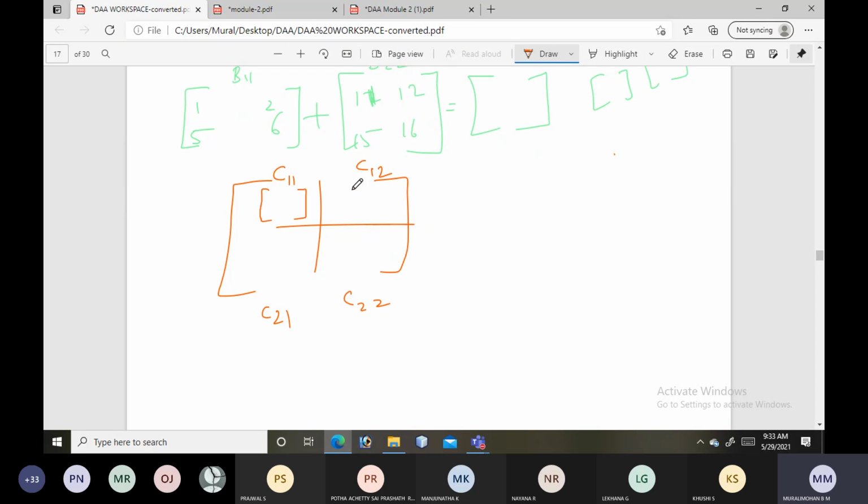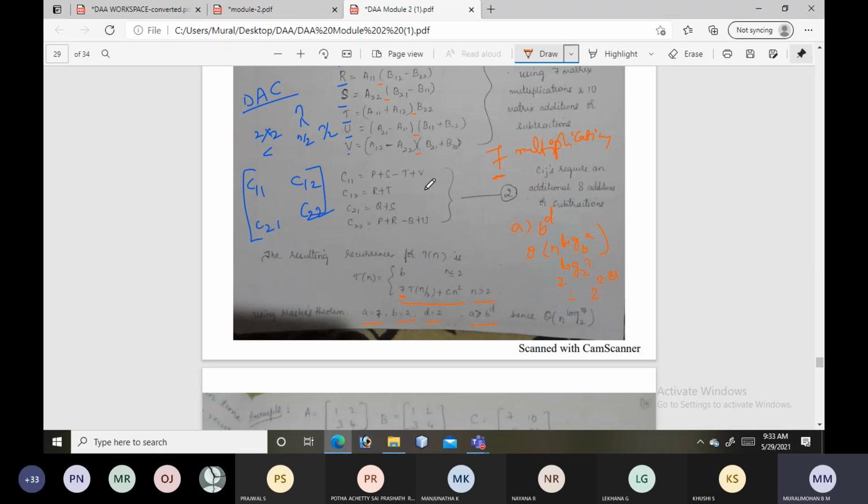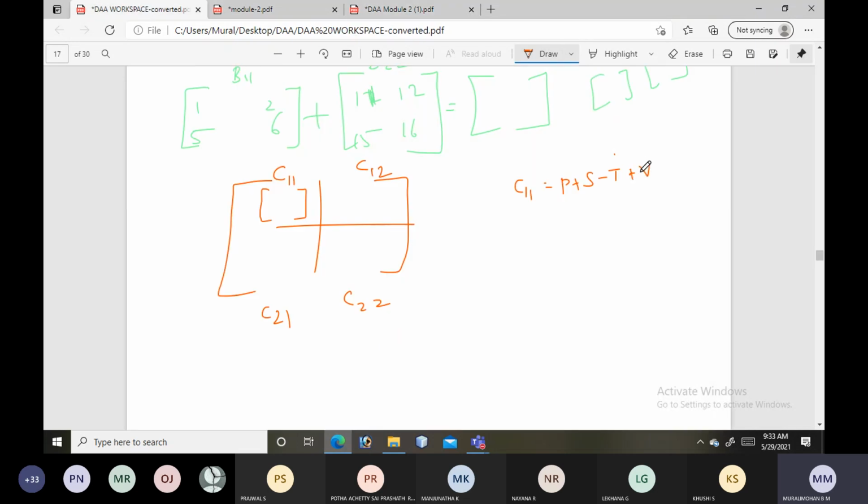So you are getting this 2 cross 2 elements. When you are performing this, C11 is equals to P plus S minus T plus V. So when you perform this, you are getting 4 elements here. This is one element, this is one element, this is one element, this is one element.